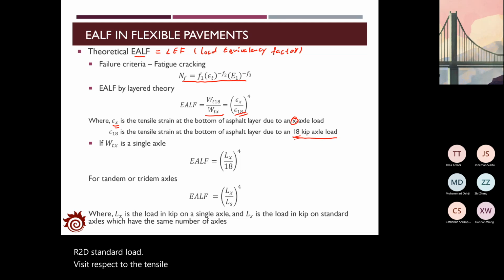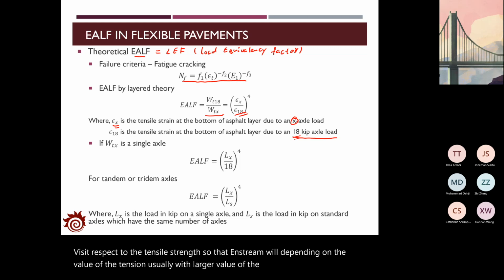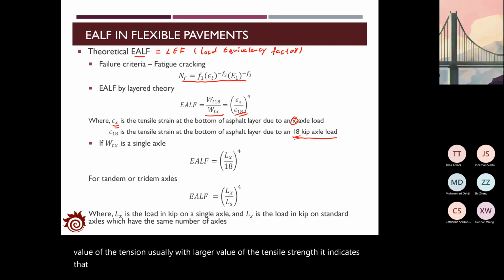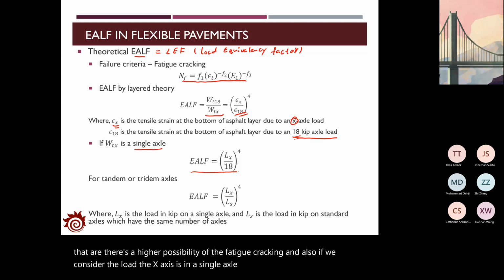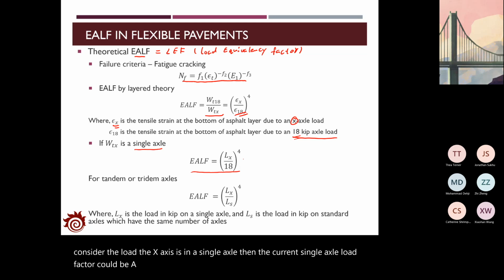Depending on the value of the tensile strain, usually a larger tensile strain indicates a higher possibility of fatigue cracking. Also, if the x-axle is a single axle, then the equivalent single axle load factor could be Lx divided by 18 to the power 4.